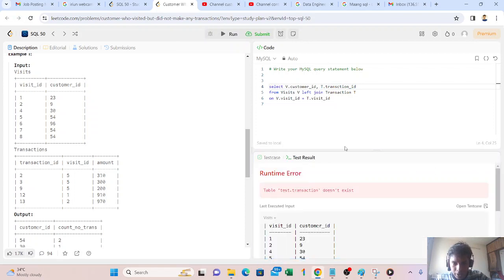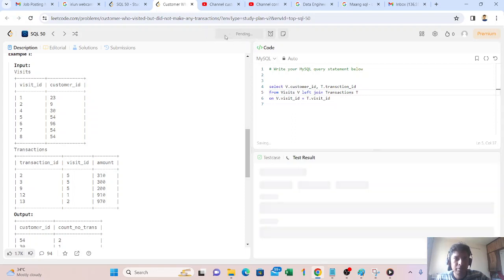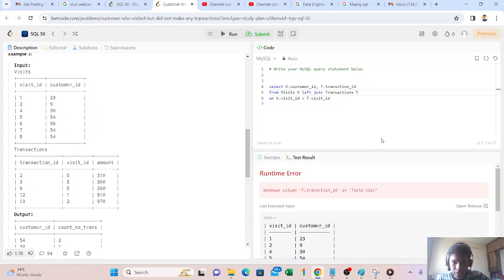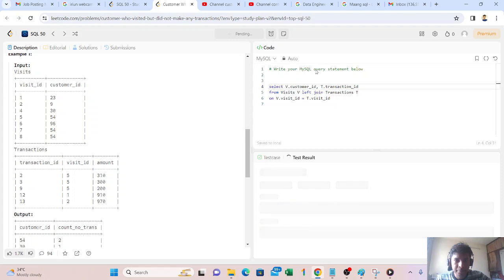Unknown column T dot transaction ID. Okay, sorry, a spelling mistake in the table name.